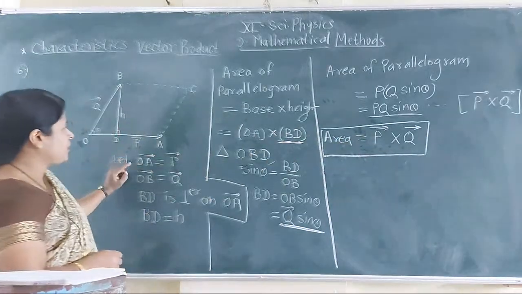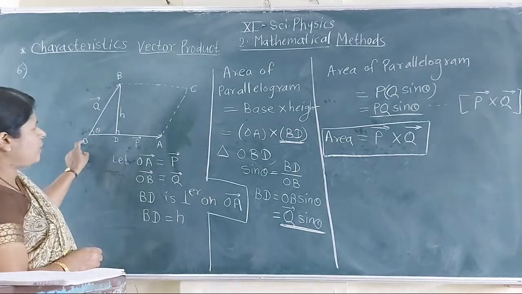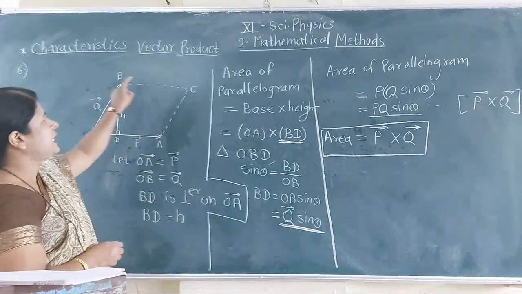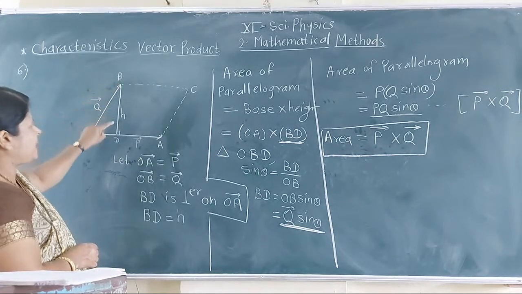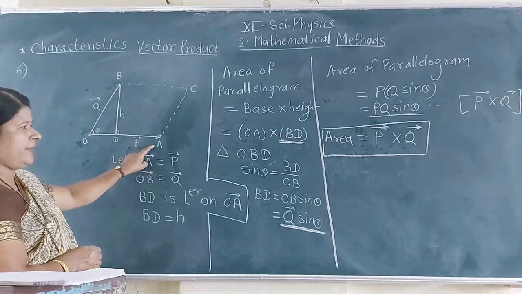Let's see again. This is the parallelogram OACB. From point B, we take a perpendicular on side OA.